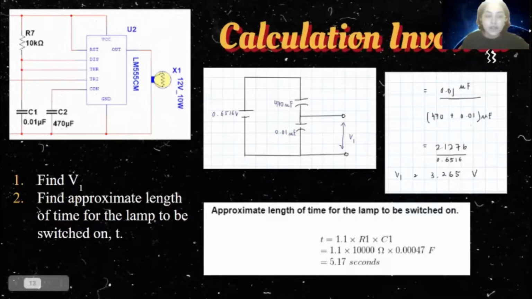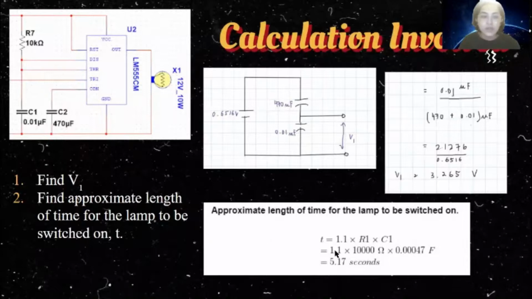The second value for the timer IC is the approximate time for the lamp to be switched, or T. Using the formula, T is equal to 1.1 times resistor 1 times capacitor 1. Resistor 1 is 10K ohms, and capacitor 1 is 470 microfarads.